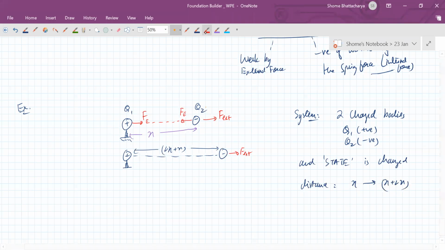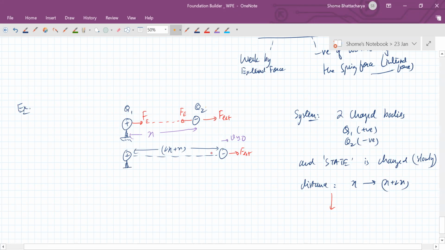Again, it is changed very slowly, so that there is no change in kinetic energy. It is moving very slowly, its velocity tending to zero.